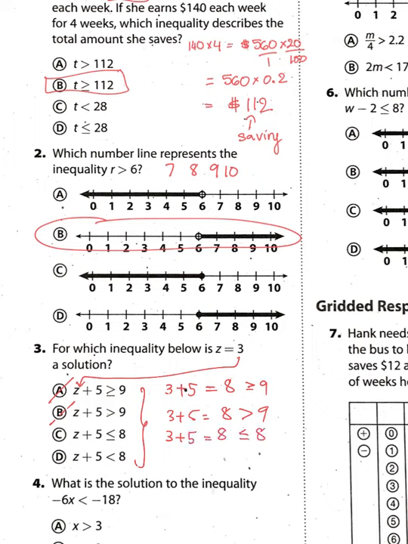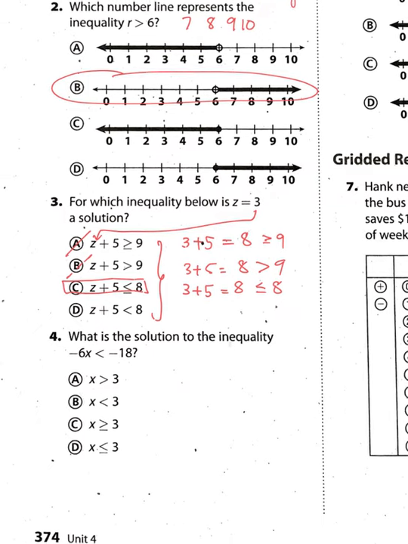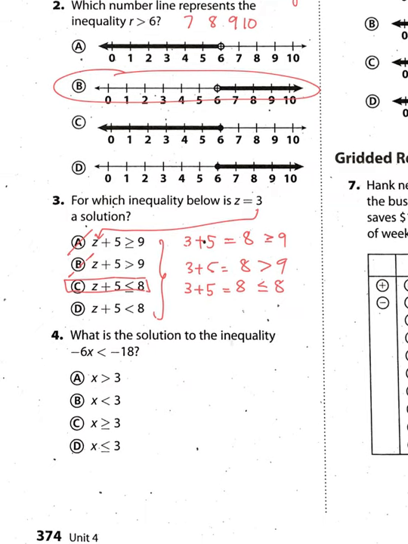Number 4, we're going to switch the solution to the inequality. Negative 6x less than negative 18, we're going to solve it. So I'm going to draw the line and solve it. Negative 6 times x, not negative 6 plus x. So some people may do plus 6 on both sides. No, this is not an addition problem. This is a multiplication problem.